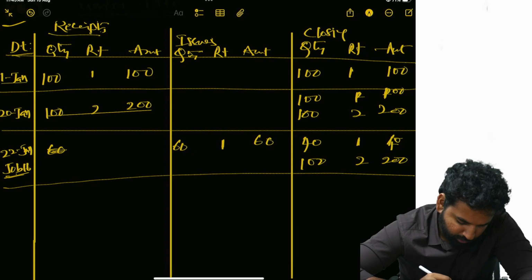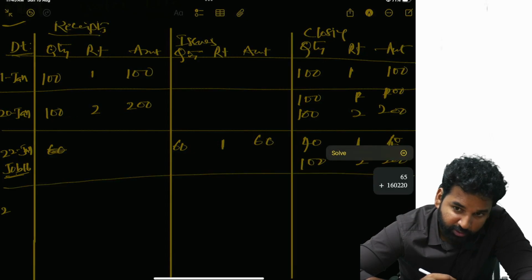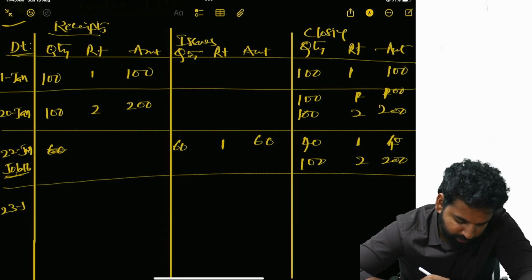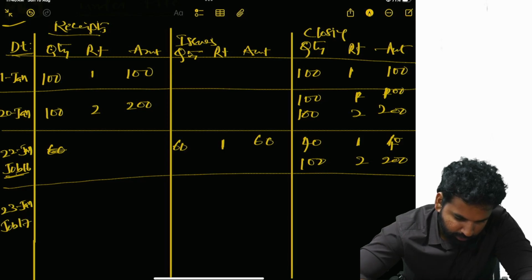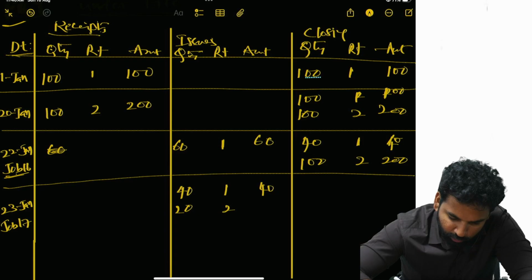Next, date 23 Jan. Job 17. Okay. So what is the issue? 60. So out of 40 at 1, 40, out of 100 at 2, 20 units, 40. So total 80.